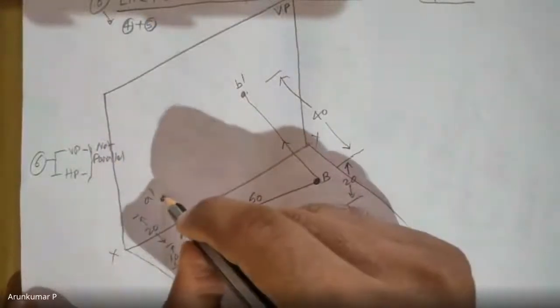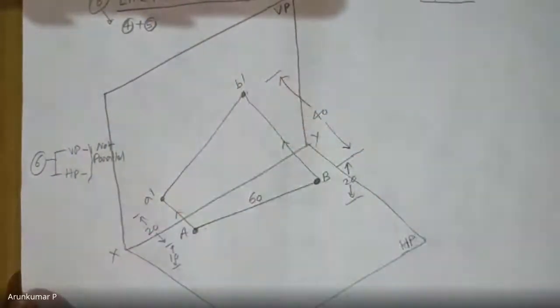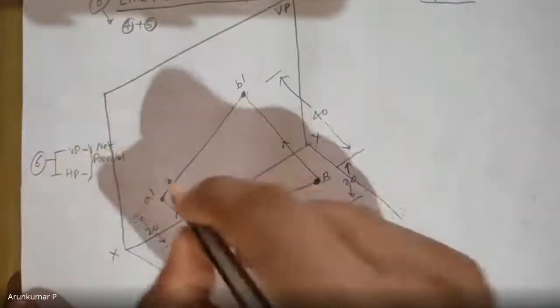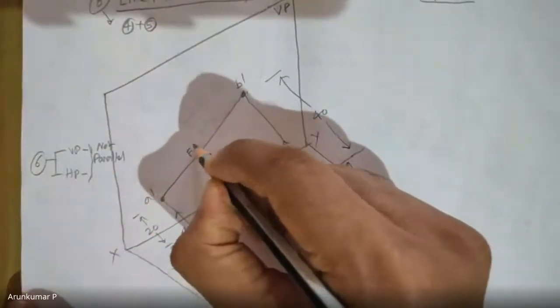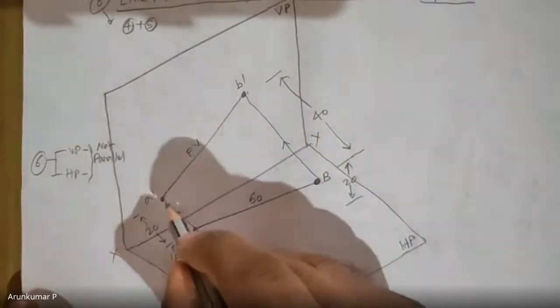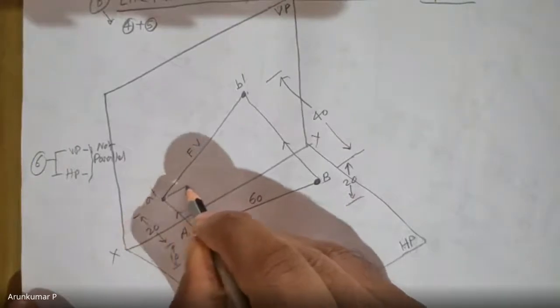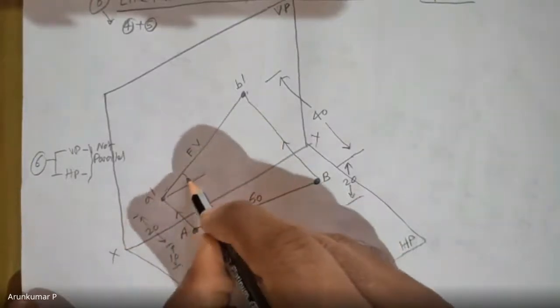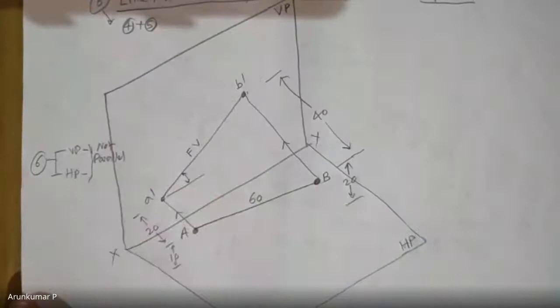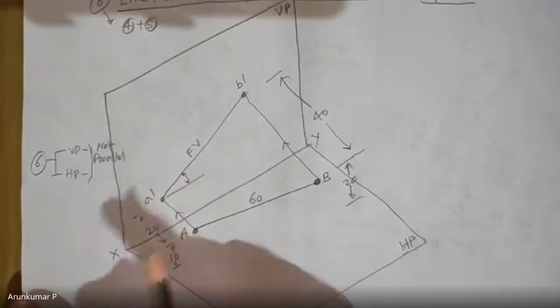If I join A dash and B dash, this is the front view, and I can observe that it is inclined to HP by some angle, or it is inclined to the XY line at some angle.